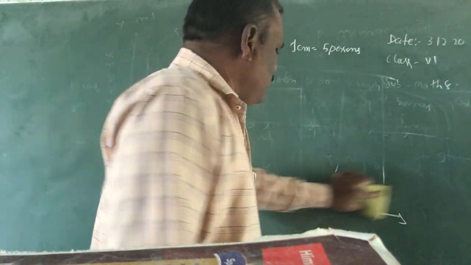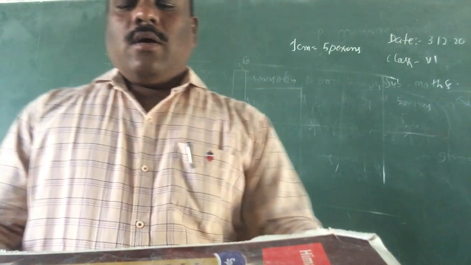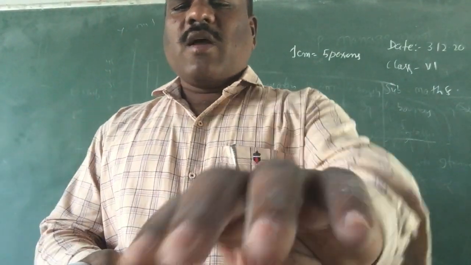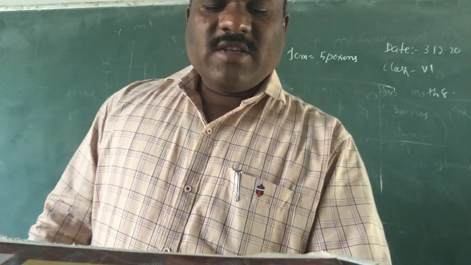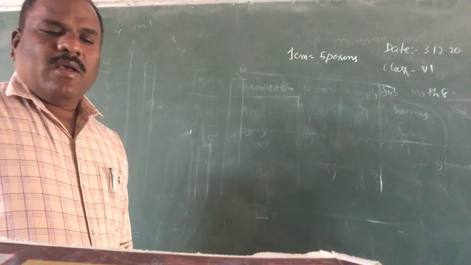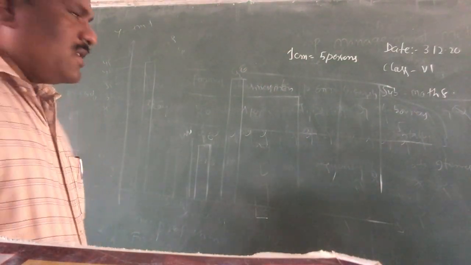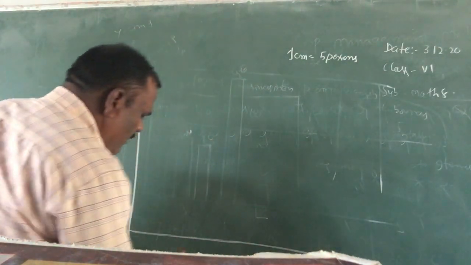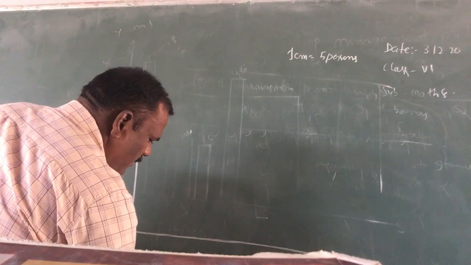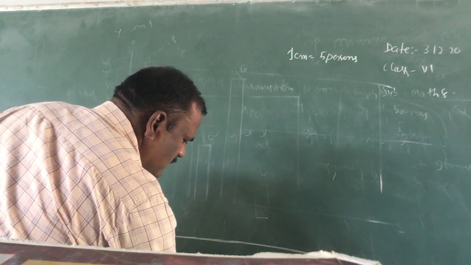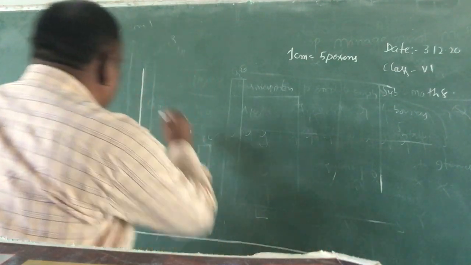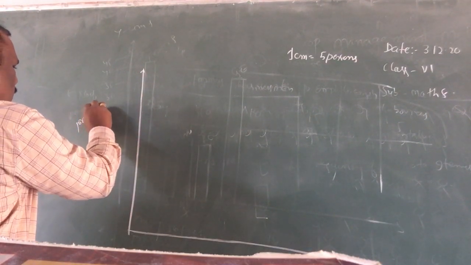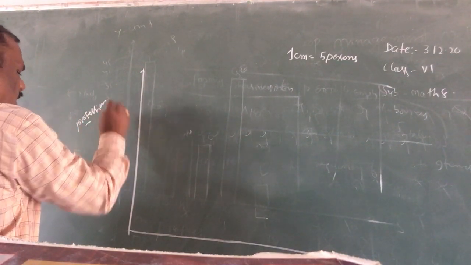And second one, you can see a horizontal bar graph. Take the same data: here you can take number of persons, and here you can take profession.